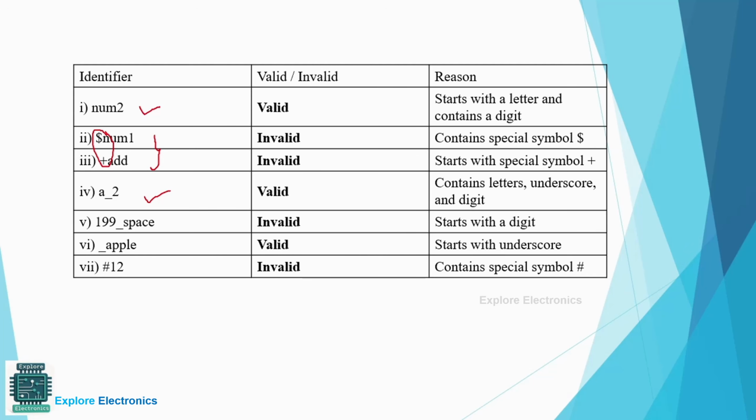When it comes to this, it is invalid because it starts with a digit. The sixth one is valid because it starts with an underscore. And the seventh one is invalid because it starts with a special character, right? This is for the third set of answers. Okay, this completes the answer for that question.